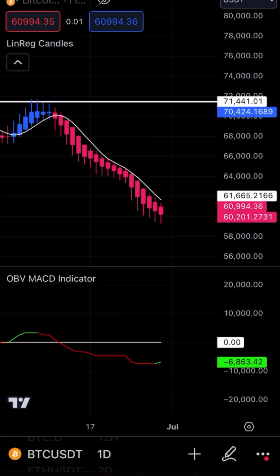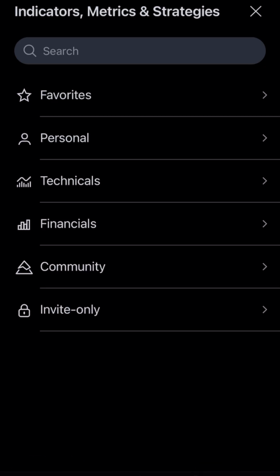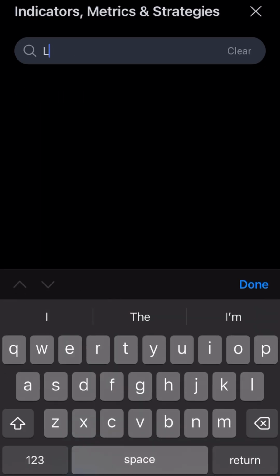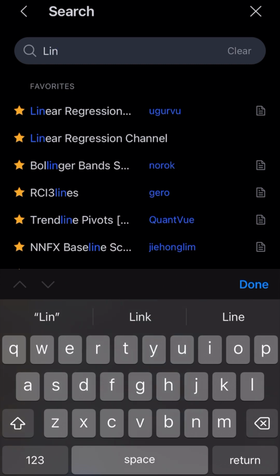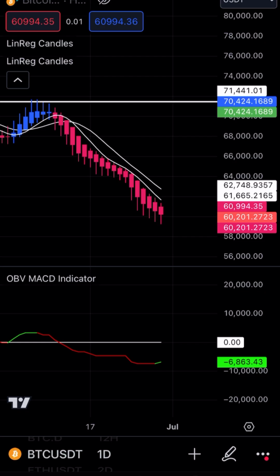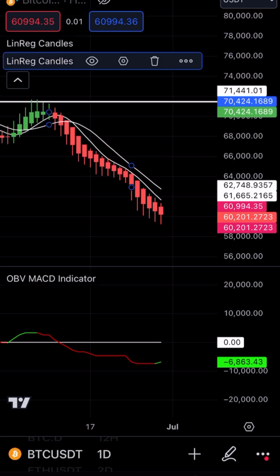Okay, so this strategy is very simple. It is the linear regression candle strategy mixed with another indicator here. First I'm going to show you how to set it up with the linear regression candles. I've made videos on this briefly, but let me show you how to find it. You just go to linear regression, the top one here, and you hit that one.